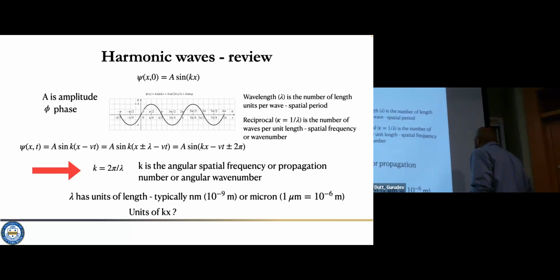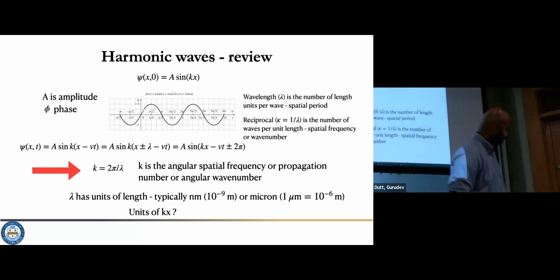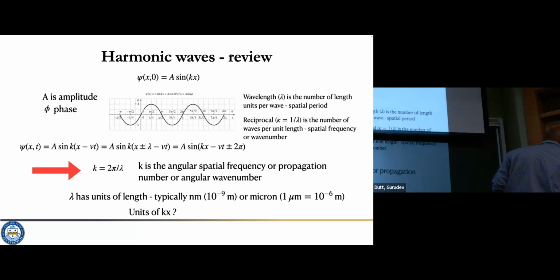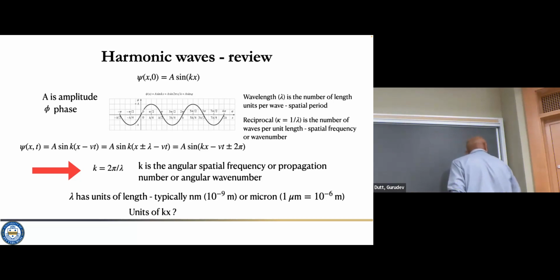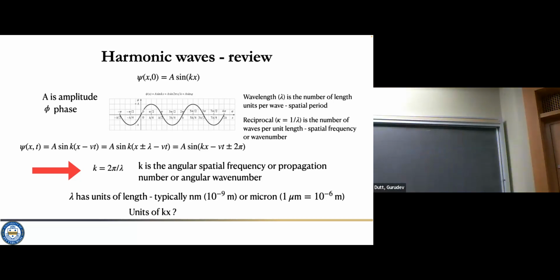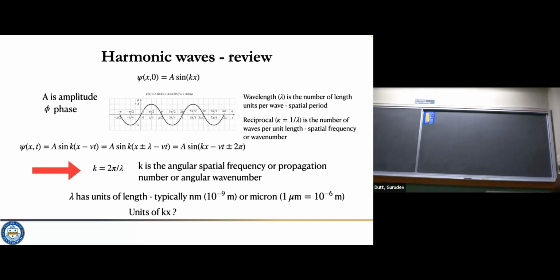That's a typo. A sine of k times x minus vt.